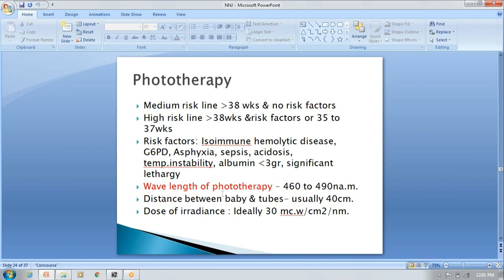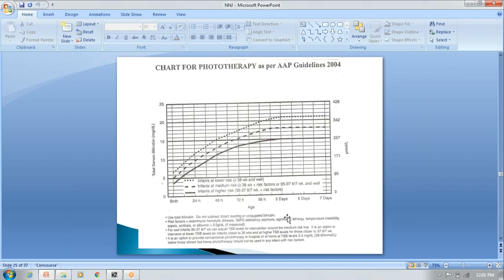That is the most important thing when you put the newborn under phototherapy lights; you have to watch very carefully. And the irradiance dose of phototherapy is ideally 30 microwatts per square centimeter per nanometer. The graph changes for mild, moderate and high risk according to the AAP guidelines. These lines are there: mild, moderate and high risk.